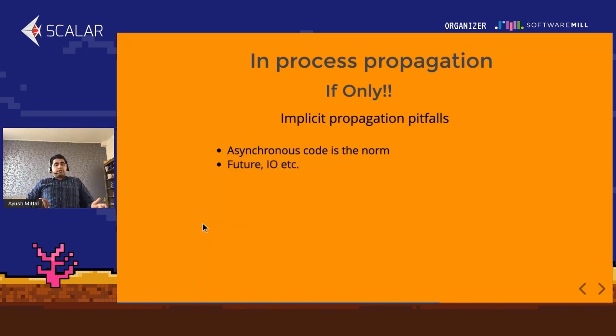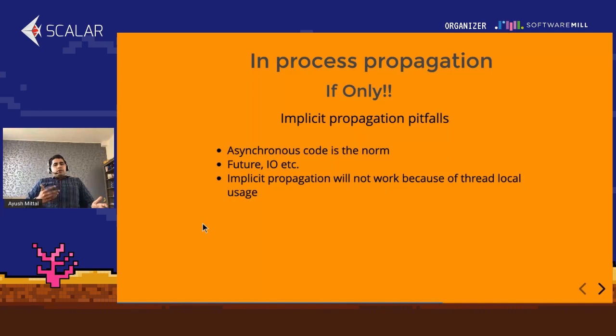We have futures. We have effectful libraries like Zio, Cats Effect, Monix. And if we have code bases that are full of these, then implicit propagation will not work, because implicit propagation works on the basis of thread locals and storing data in the current context. And obviously, if you are using libraries like futures, or if you are using Cats or Zio, this technique is not going to work.